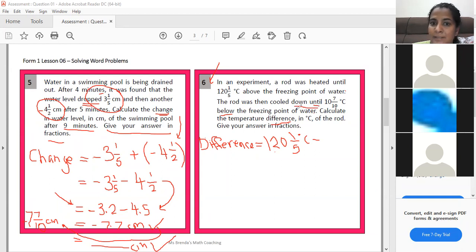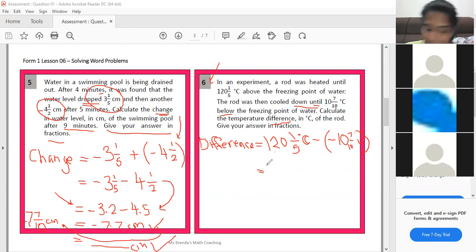Minus, remember, cool down until 7/10 below freezing point. And that's a negative number. So minus, put a bracket, 7/10 degrees Celsius. Close your bracket. And now work out your calculation. In case you want to use decimals, not a problem.